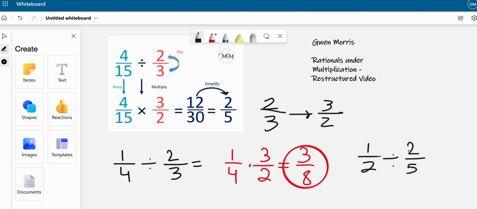You're going to find the reciprocal of 2/5. So I'm going to have 1/2 times 5/2. That's 1 times 5 is 5, and 2 times 2 is 4. 5/4, or 1 1/4.